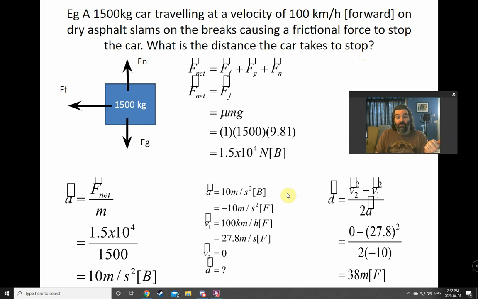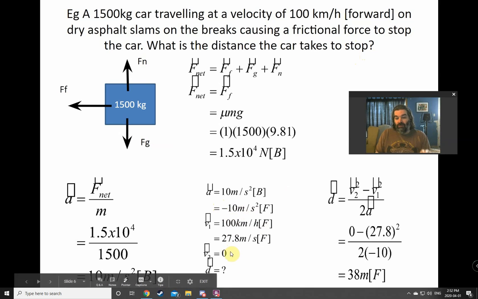That means V2 is 0. So we have acceleration, V1, V2. Don't forget to convert to meters per second. We're solving for distance. What don't we have? We don't care about time, so we're going to use this equation. D is V2 squared minus V1 squared over 2a. Plug in the numbers, get an answer, 38 meters.